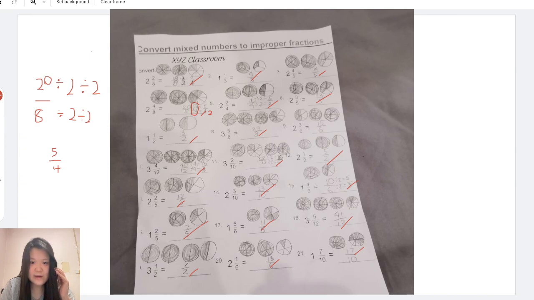So 8 divide by 4, and you see here your answer was 4, right? But that's not correct. So you can recheck your working and see whether you missed out anything. Do you understand? Yeah. So that's a way that you can double check your answers.